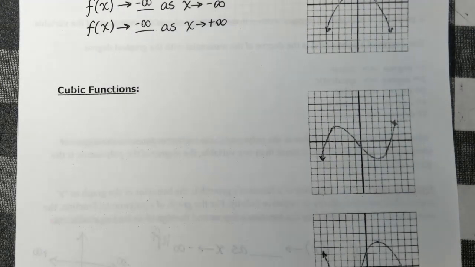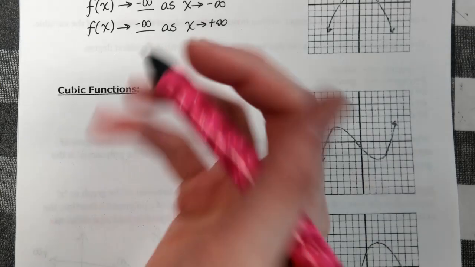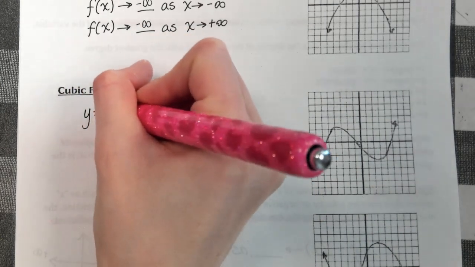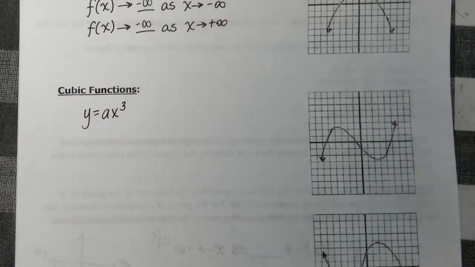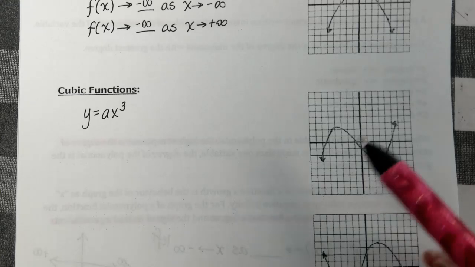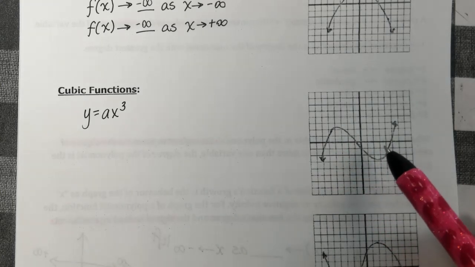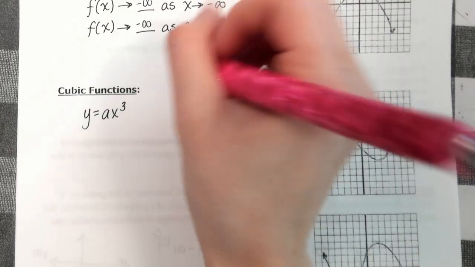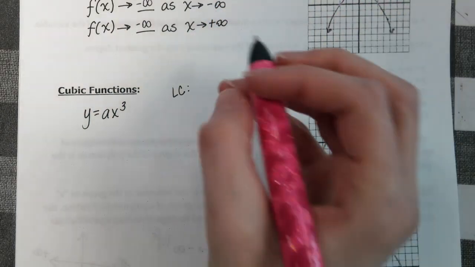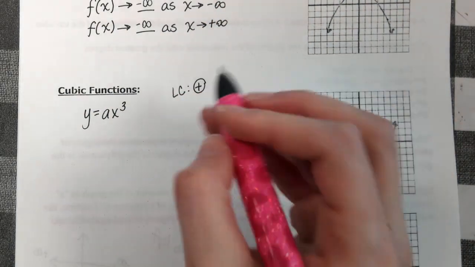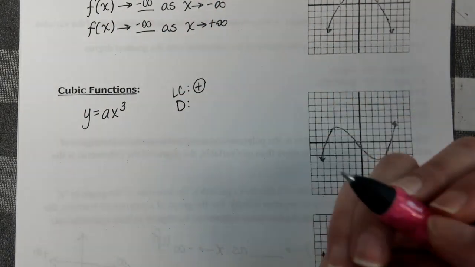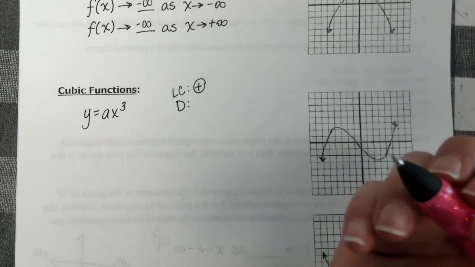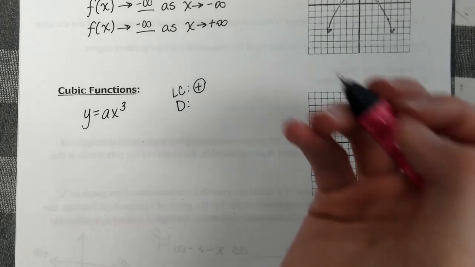So for cubic is when you're looking at y equals ax cubed. This is a simple cubic graph. Okay? So here, for this first graph, my leading coefficient is positive. And since it's cubic, I have x cubed. My degree is even or odd?